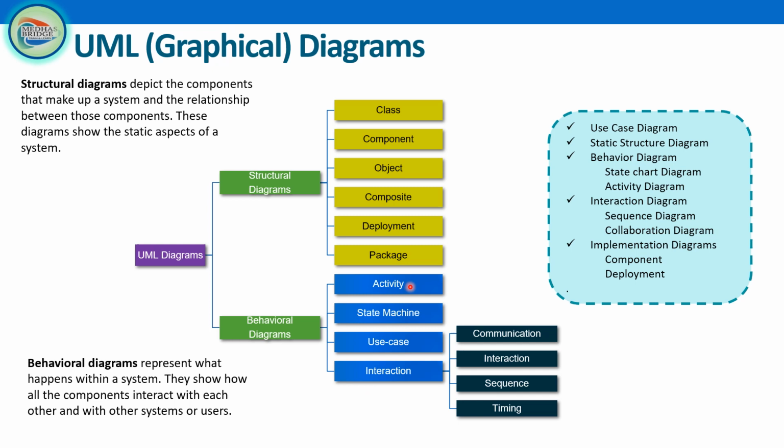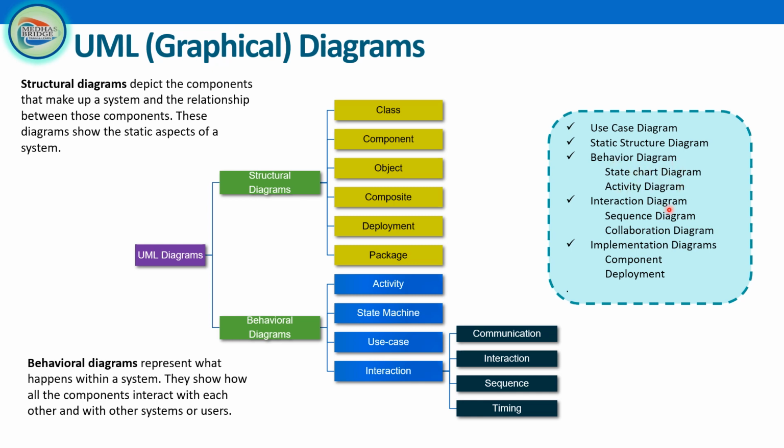We have activity diagrams, state machine diagrams, use case diagrams, interaction diagrams. If you look closely at interaction, we have communication, interaction, sequence, and timing. Use case diagrams, static structure diagram, behavioral diagrams, state chart and then activity would be behavioral at a high level.